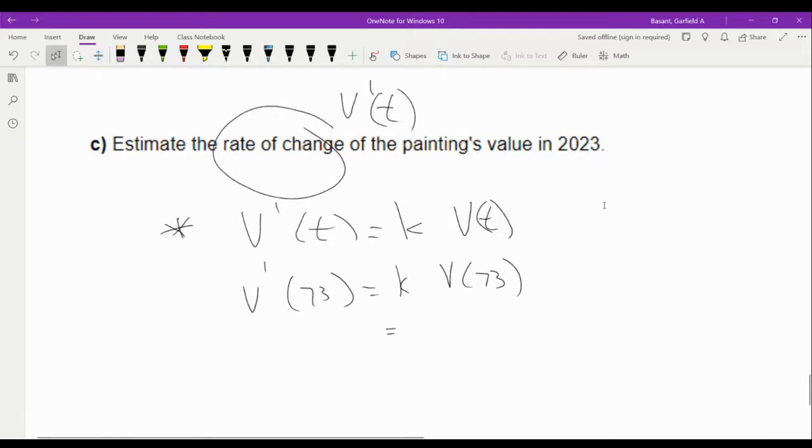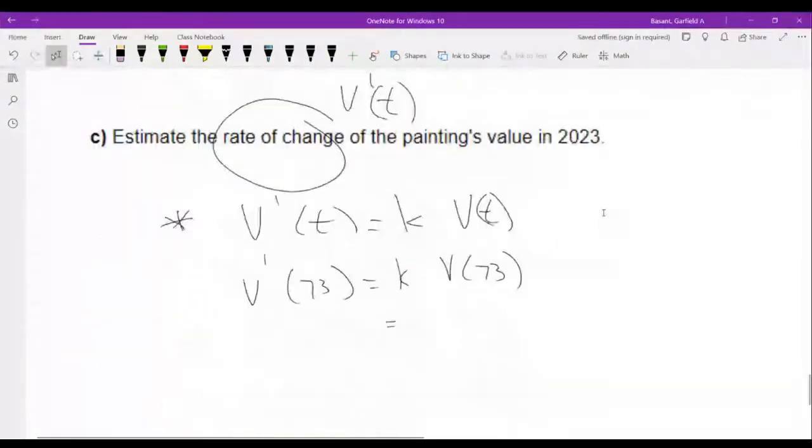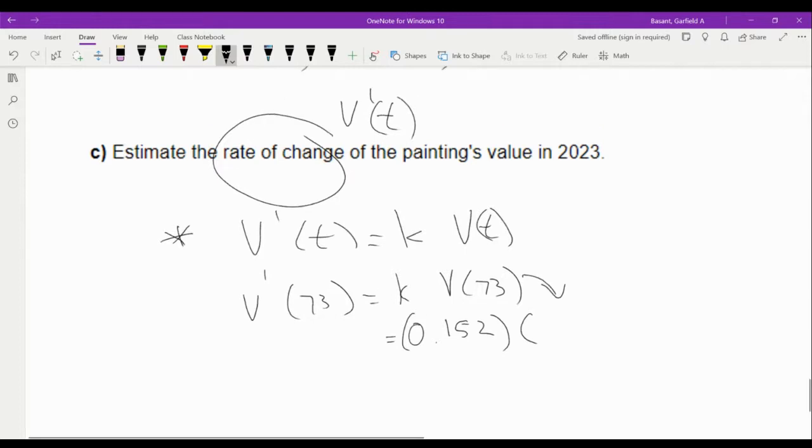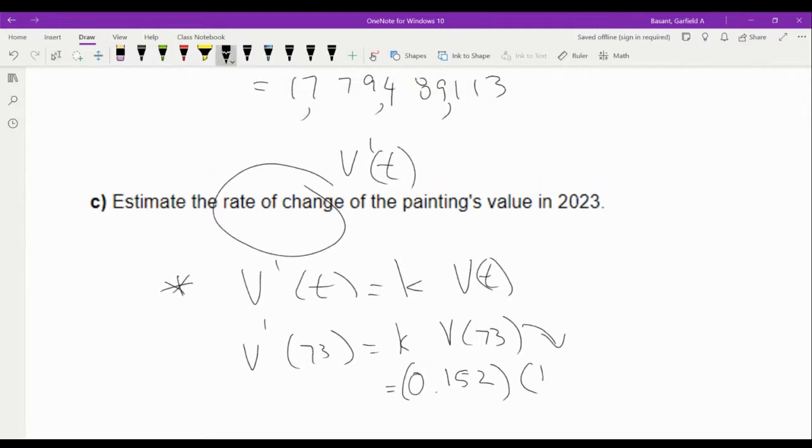And we know our k here was 0.152. And we know V of 73 is what we just calculated, which is 1,779,489,113.